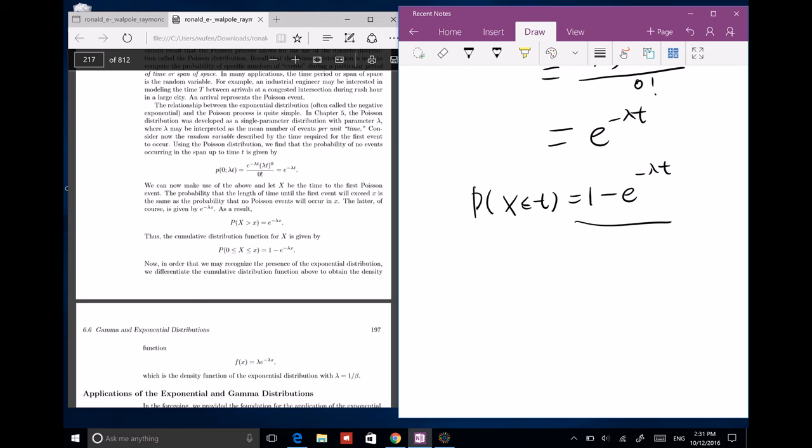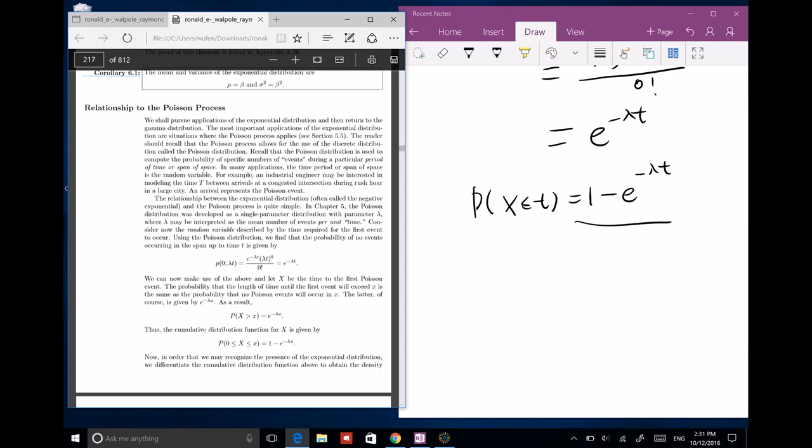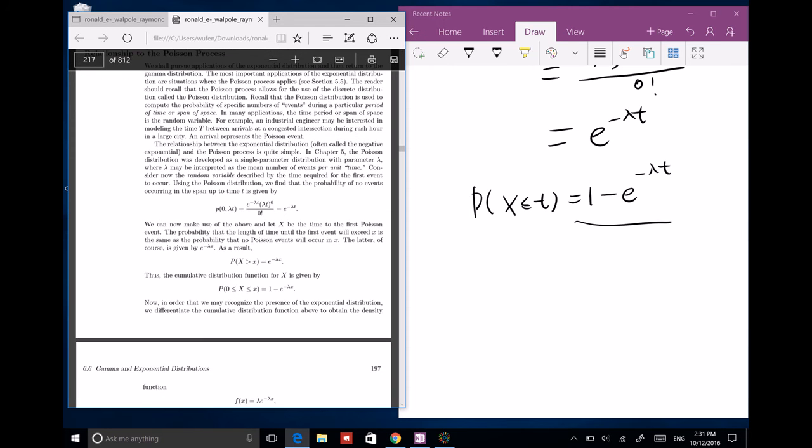So you can read about the relation between the Poisson process, the explanation of Poisson distribution and exponential distribution. Poisson distribution is a discrete distribution. Exponential distribution is a continuous distribution.